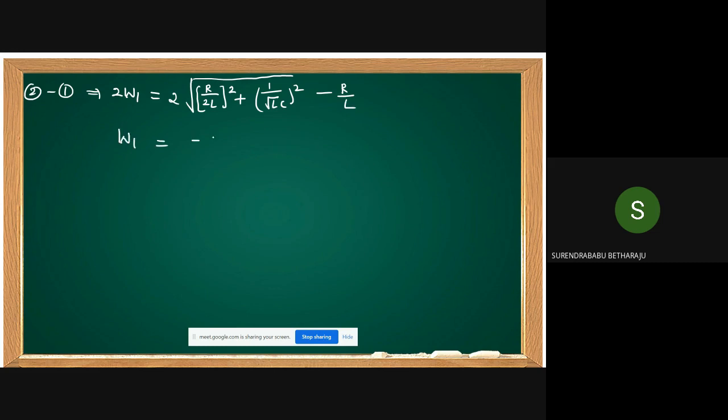Omega 1 equal to, first I am writing this term, minus R by 2L plus square root of R by 2L whole square plus 1 by root LC whole square. These are the formulas for the cutoff frequencies. I derived the cutoff frequencies; omega 1 and omega 2 are the cutoff frequencies.